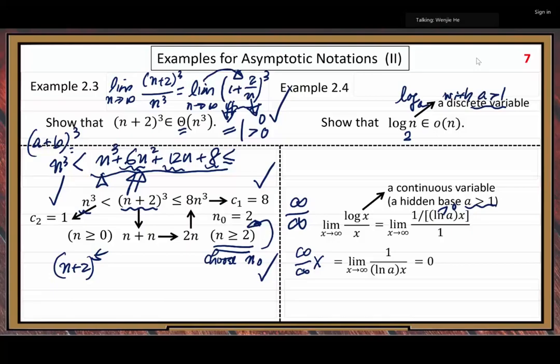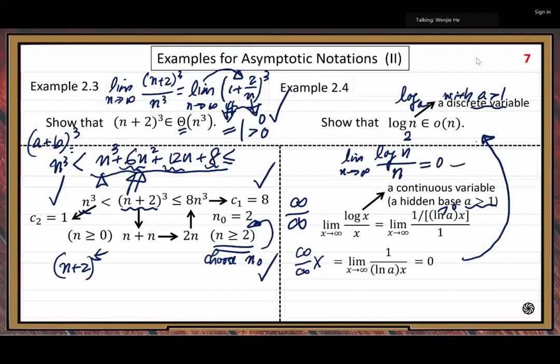All right. So the limit of this continuous version is 0. At the end, we need to go back to the discrete version. So this version tells us the ratio goes to 0, and the reciprocal equals infinity.